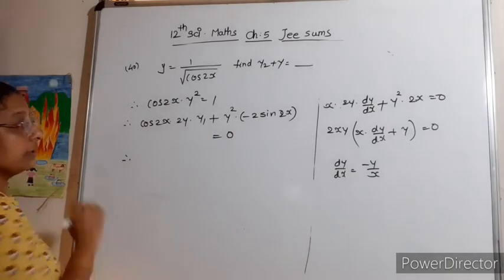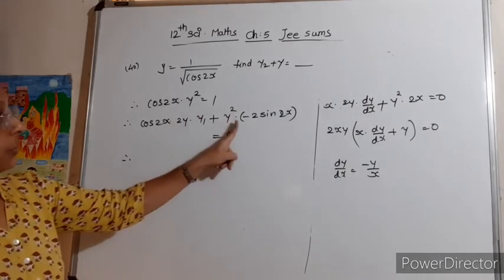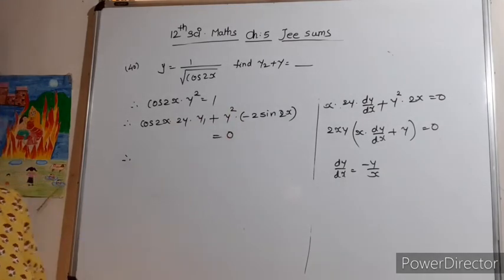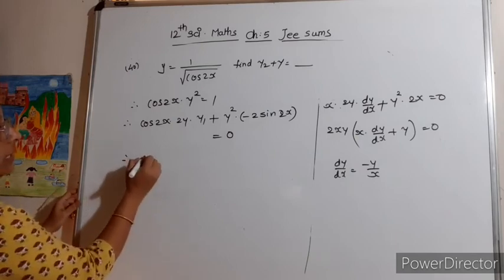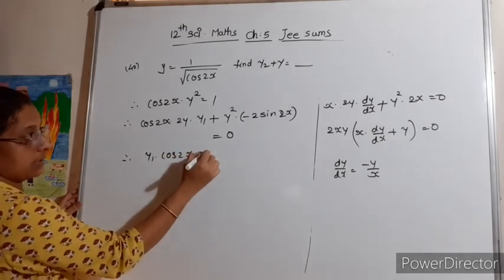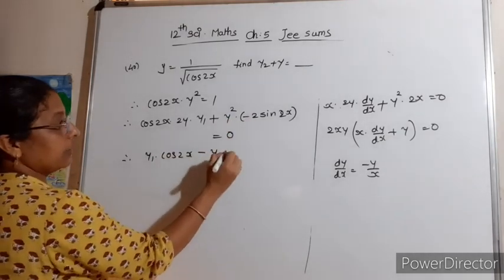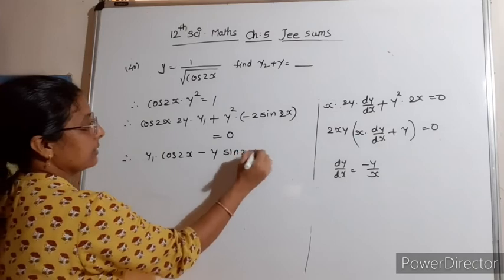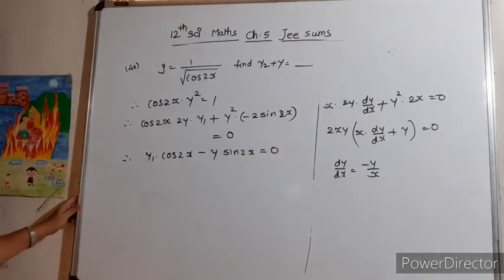Now what? 2y cancel, दोनों तरफ से 2y निकल जाएगा. So what is remaining? Here it is y1 cos 2x minus y sin 2x is equal to 0. You got this? Yes. Again find the derivative. So ये क्या मिल जाएगा आपको? y2.